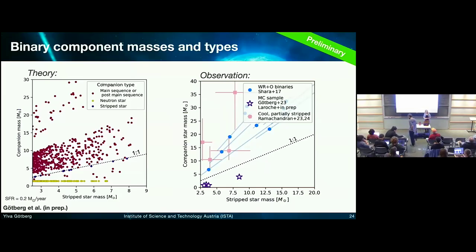Maybe you need to throw in some black holes here. Could be. But yes, lots of stuff. So that's my question: your population so far has no black hole companions, it looked like from your pie chart. Do you believe that yet, or are you still working on understanding that? I implemented something very simplistic for the stripped star to compact object relation.